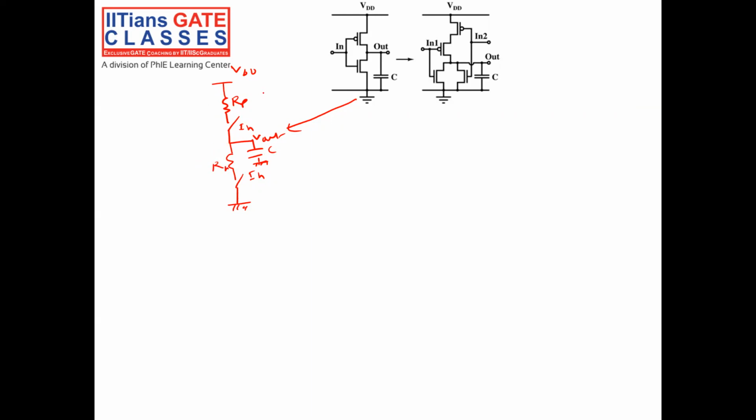So when my output goes to VDD, the input will be low. When the input is low, the upper switch will be closed and the lower switch will be open.